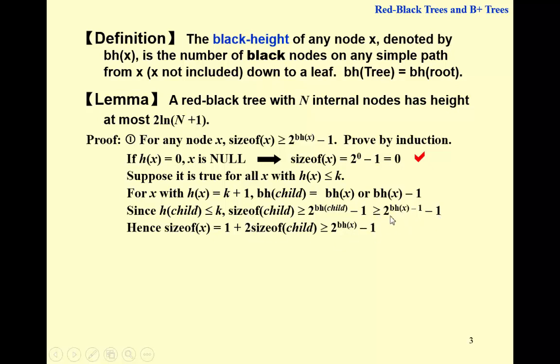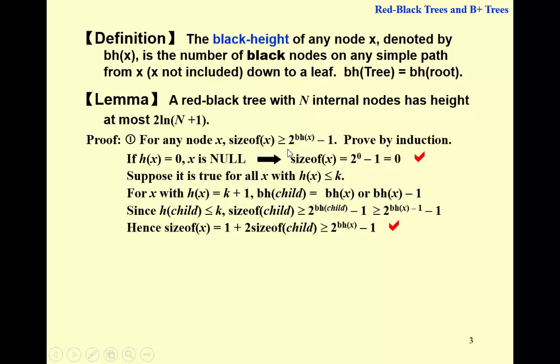So we have 2 times this number, we get 2 to the power of bh of x. And then 2 times this one, we get negative 2. 1 minus 2, we get minus 1. So this inequality is also true for h being k plus 1. So that finishes the proof of this part.